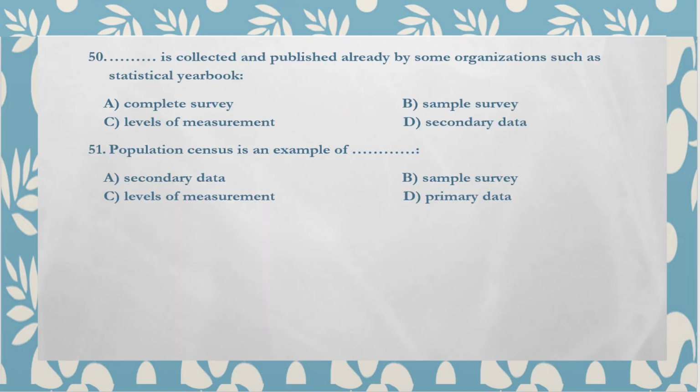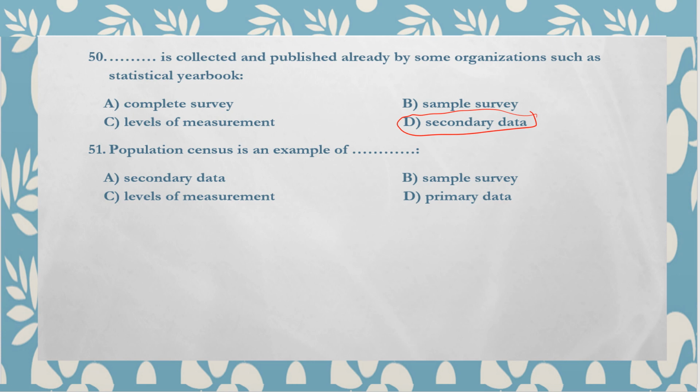Data collected and published already by some organizations, such as the Statistical Yearbook. The choices are complete survey, sample survey, levels of measurement, secondary data. Here secondary data is the correct answer because these data are collected and published already by some organizations.